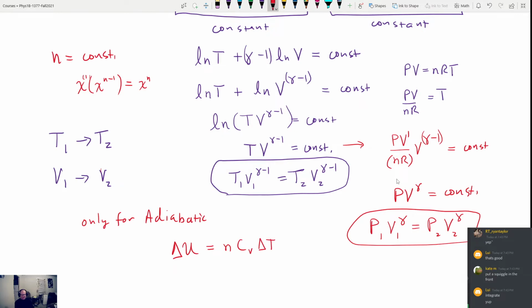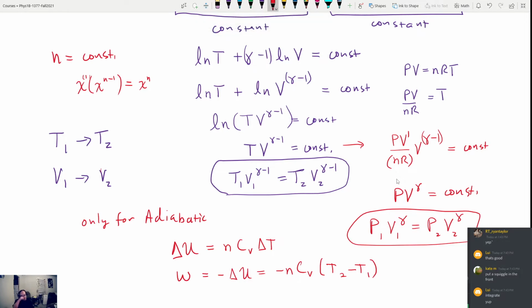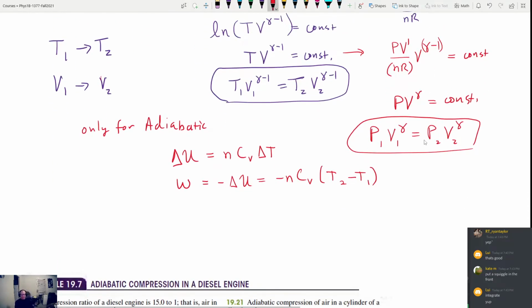So we can then say that the work is equal to the negative of this, negative delta U, so negative n times CV times, let's say our change in temperature, T2 minus T1, for example. Then we can absorb the negative sign into our equation here. So now the work is going to be equal to nCV multiplied by T1 minus T2.